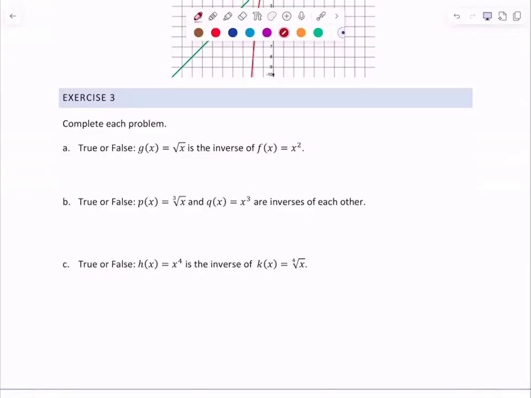How do you reverse the assignment if I don't make some special condition on it? 4 gets assigned to what? 2 or -2? If I don't put any restriction, you tell me, I don't know. What happened to the square root of x? 4 gets assigned to what? 2.